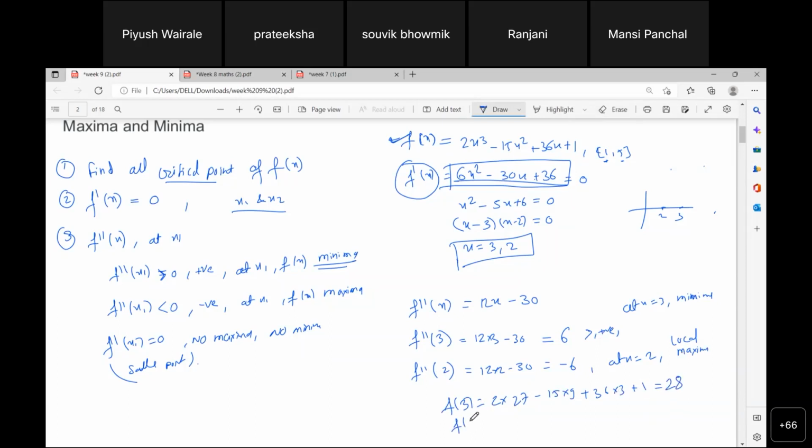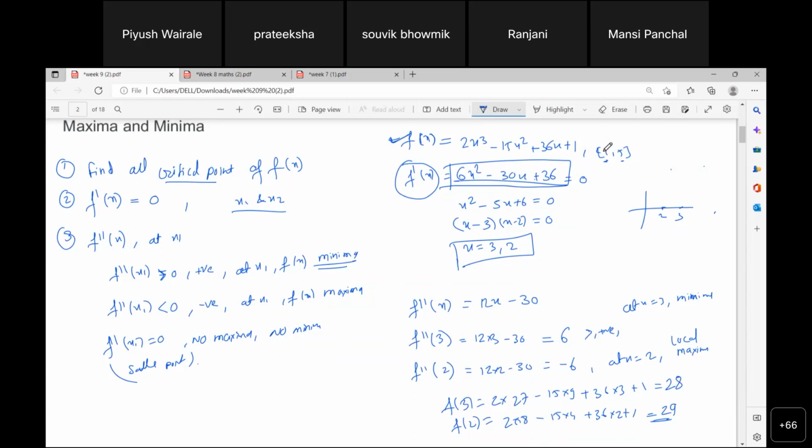Here I have f of 2: 8 into 2 is 16, minus 15 into 4 is 60, plus 36 into 2 is 72, plus 1. That gives 29, right? So I am getting my maximum value 29 at x equals 2, and at x equal to 3, I am getting 28. This is my local minima.